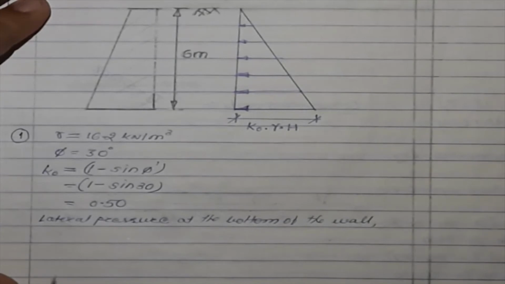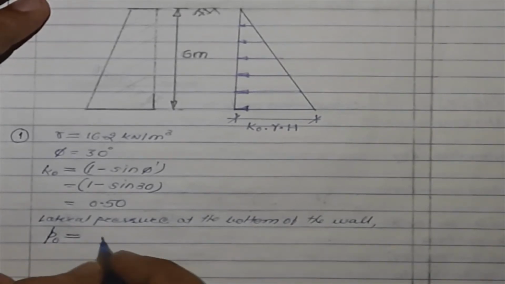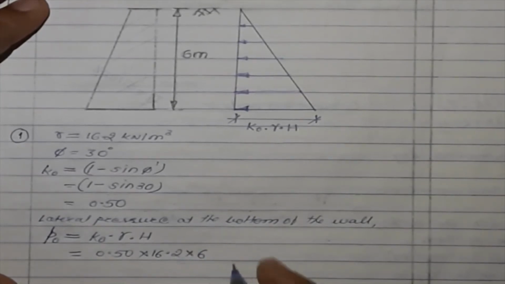How is it calculated? It is calculated as P0 equals to K0 multiplied by unit weight multiplied by h, height of the wall. This is equal to 0.50 multiplied by unit weight 16.2 multiplied by height 6 meter.